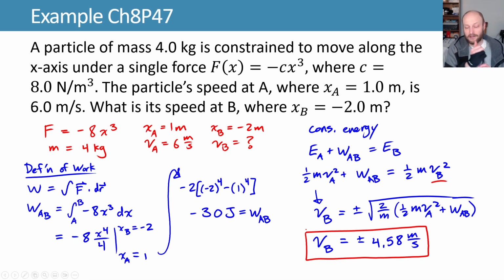So if we're going, let's say A is right and left, if I'm going to the right at 1, I have to turn around somehow. And when I get back to -2, I'm probably going negative. So I would probably default to calling this a negative, but you can try and plot this and see if you get any additional insight from that as well.